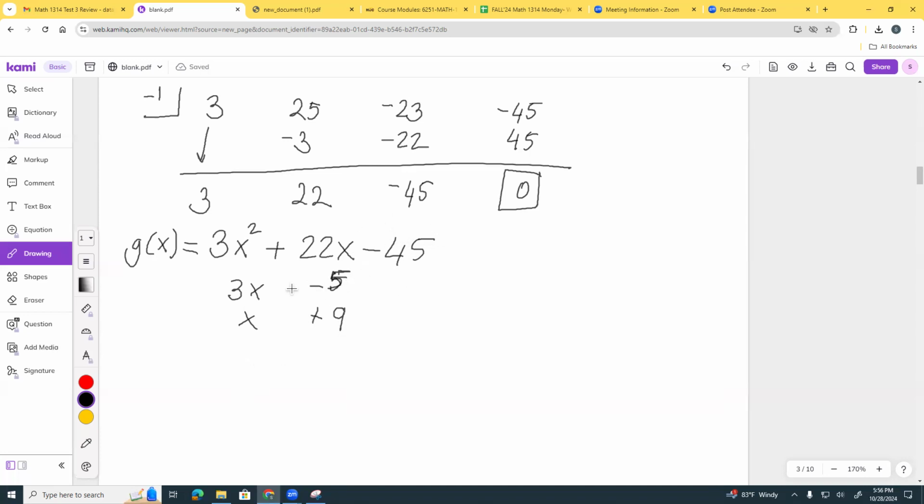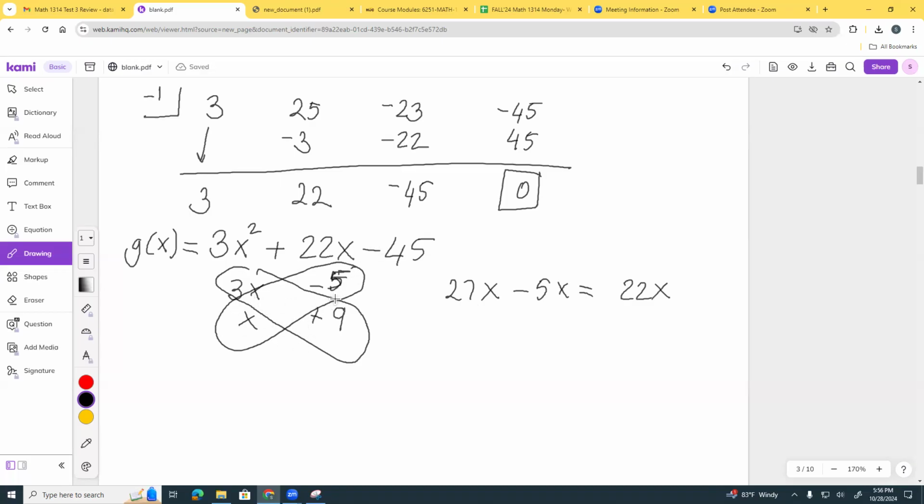I still don't know if I broke them down correctly. So last step, I do the butterfly method. I multiply 3x and positive 9, which gives me a positive 27x. Then I multiply these two, which gives me a negative 5x. And when I combine them, that's a positive 22x right in the middle. So that means I'm on the right path on factoring.